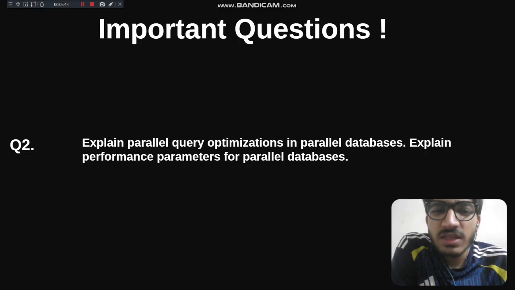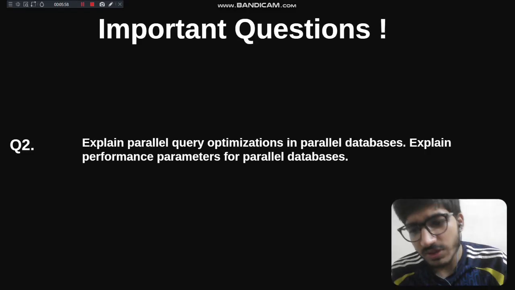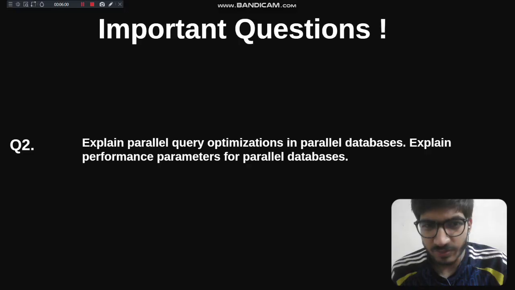For example, if a single processor takes 100 seconds and 5 processors take 24 seconds, then speedup is 4x instead of 5x, which is the ideal speedup.